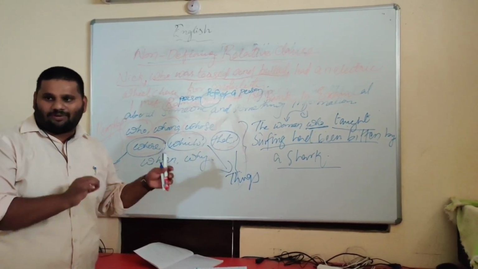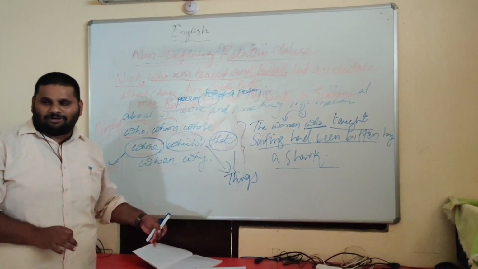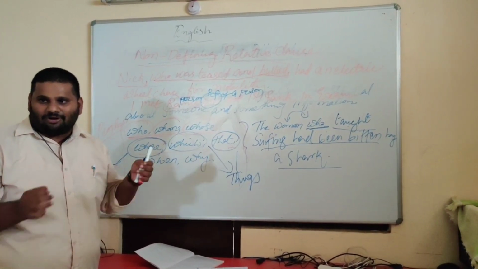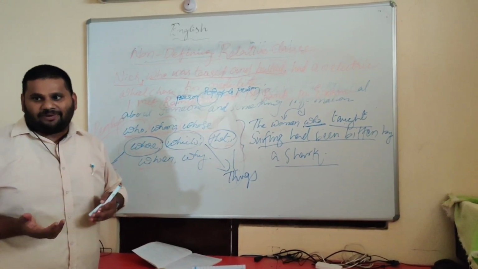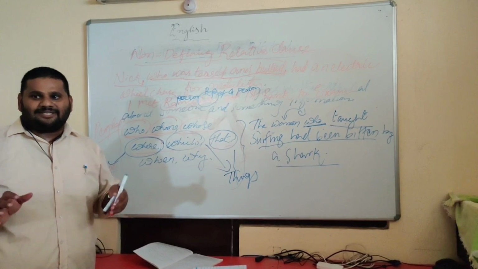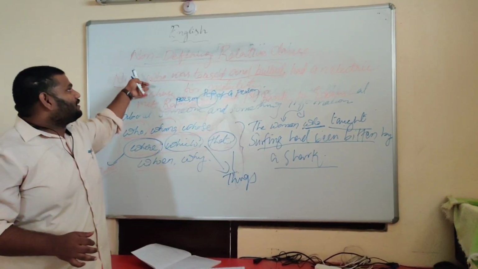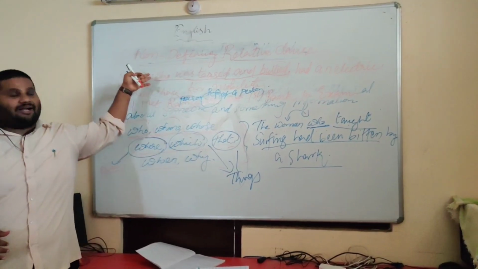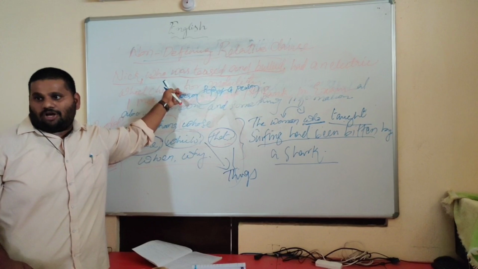It consists of two or more commas, also hyphens, and additional information. So this is the class on the grammar part of defining and non-defining relative clauses.